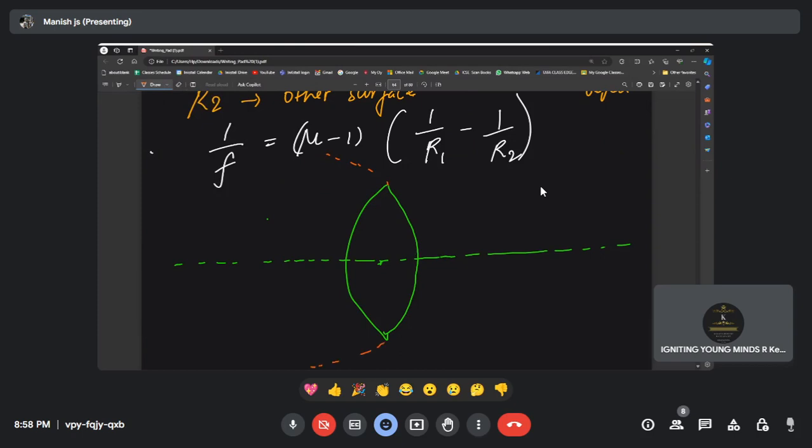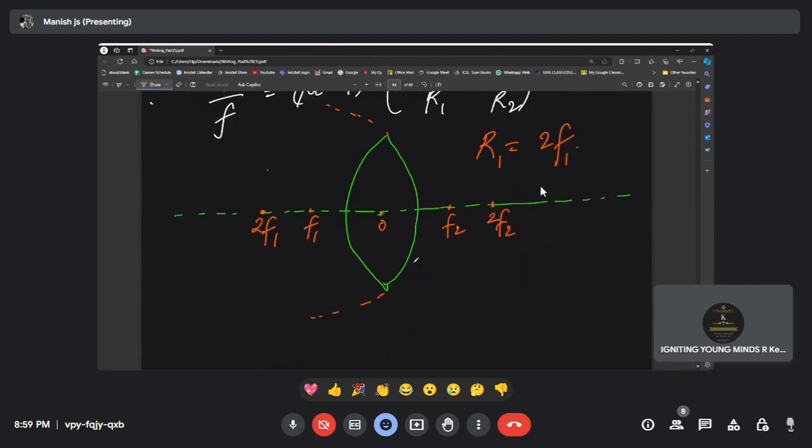Then you have F1, optical center, then F2, and 2F2. We know that R is equal to 2F, so R1 would be 2F1. In the same way, R2 is 2F2. I hope you get the logic.